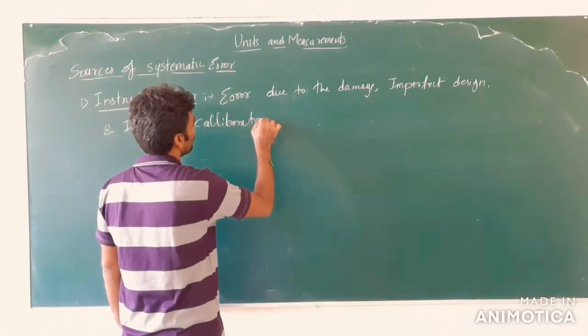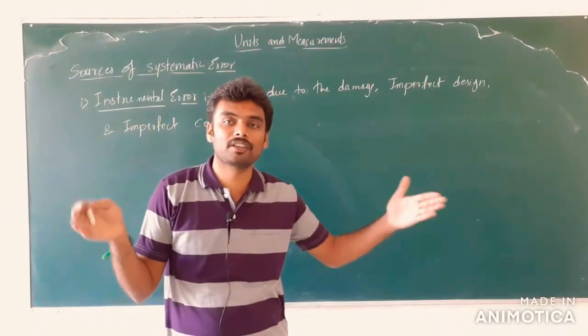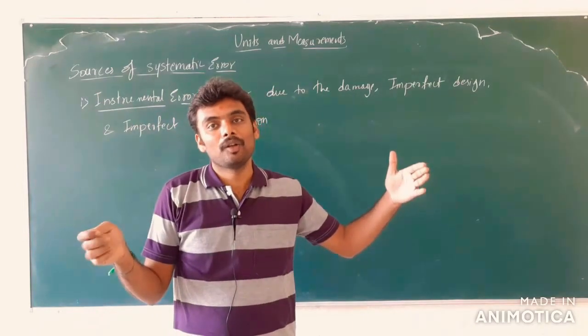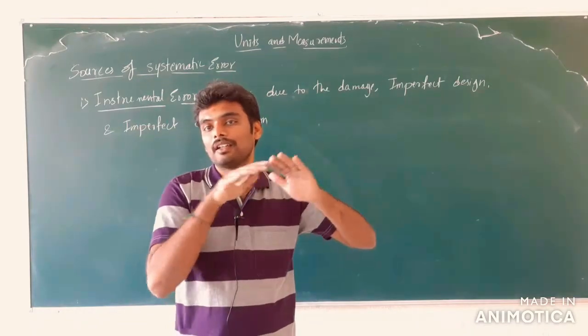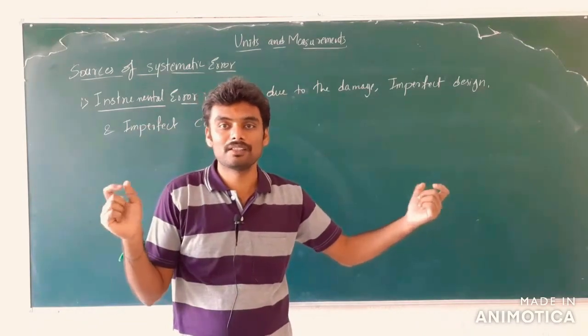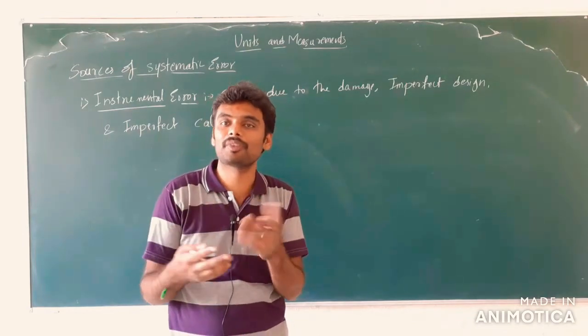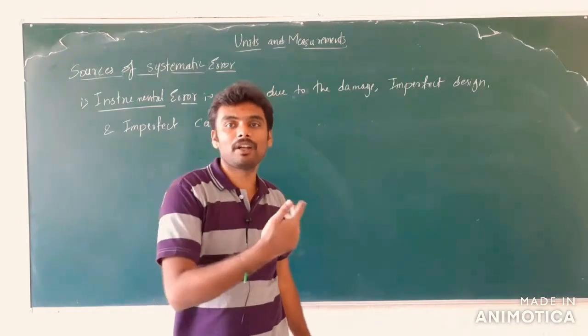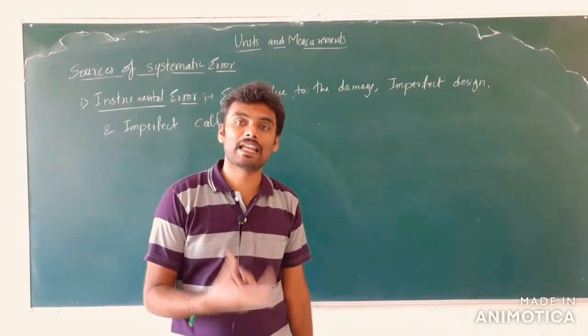Calibration means, if you have a 100 centimeter scale, before you actually put the readings on that, it was just a stick of wood, isn't it? Nothing else. Then you made the readings, using some technique, one actually printed the readings on top of it. So that itself is calibration.